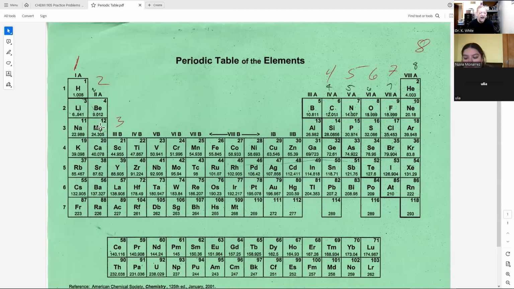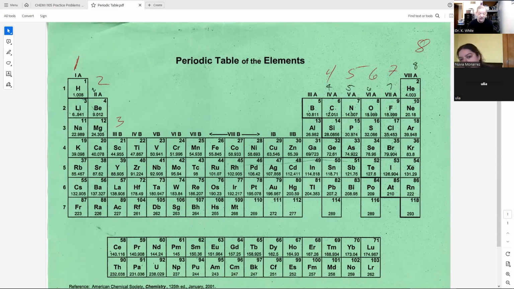And if we look at magnesium here, the nearest noble gases are neon at 10 and argon at 18, which is closer numerically to 12. And hopefully you pick 10, that's 2 away. Argon is at 18, 6 away. So that means magnesium would like to have 10 electrons.